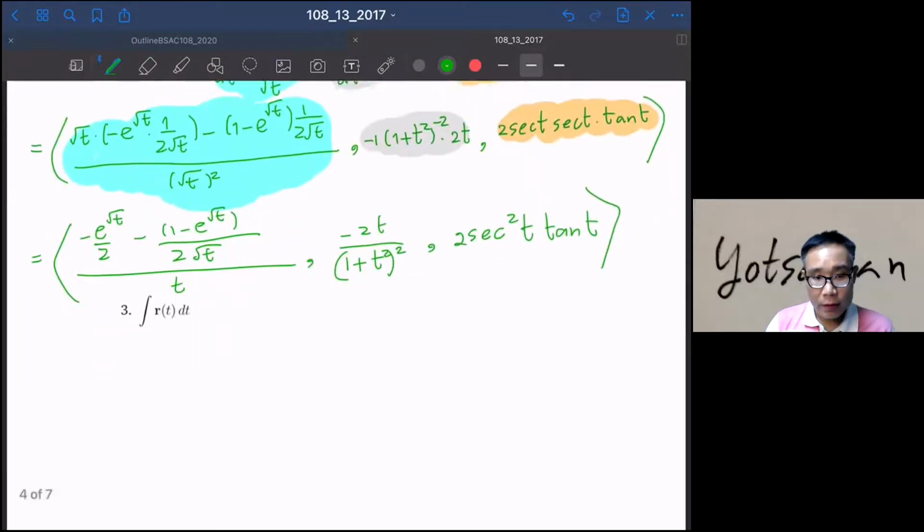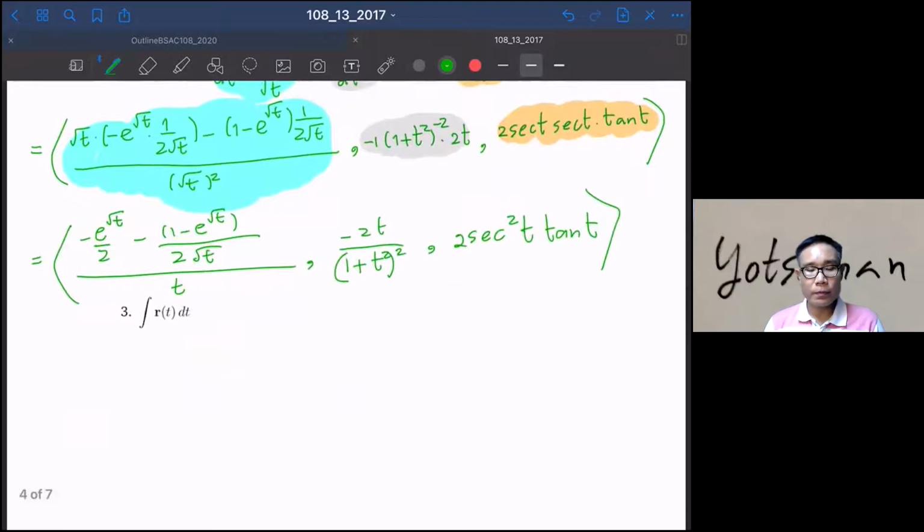The next one, you have to integrate. You integrate term by term, or component by component.